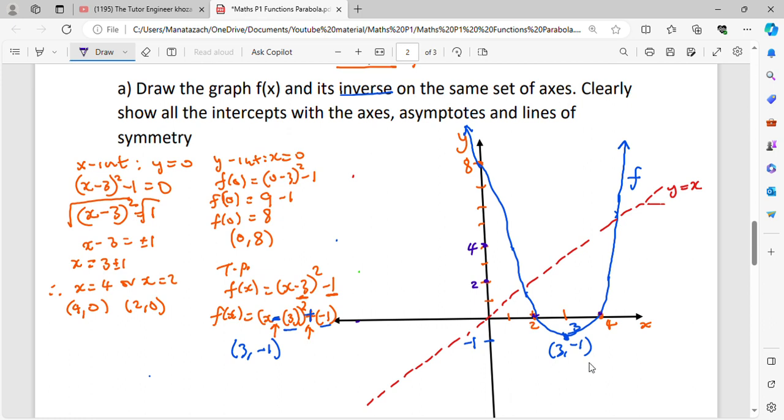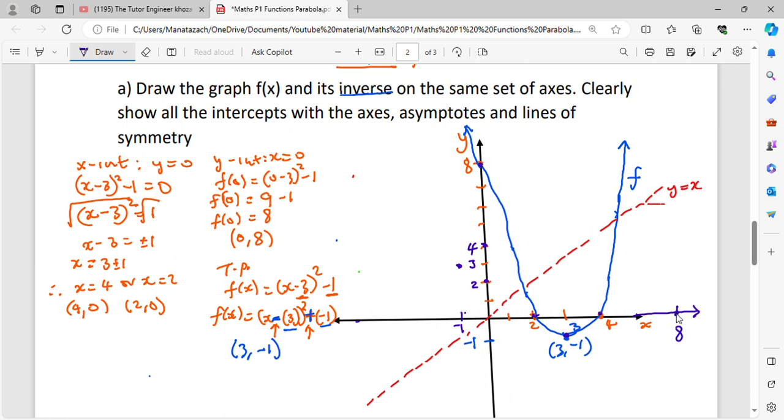And then your turning point was (3, minus 1). That means the turning point for your inverse will be (minus 1, 3). So you're swapping everything around. 3 is here, minus 1 is here. That will be the new turning point of your inverse graph. And then your y was 8 for your original function. That means your x-intercept will be 8.